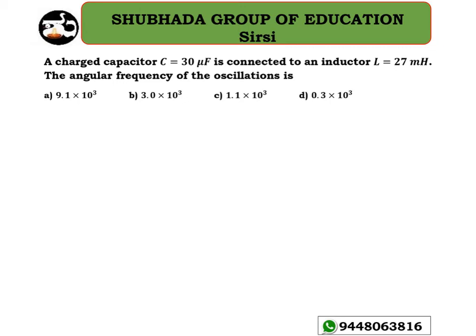A charged capacitor C of 30 microfarad is connected to an inductor of 27 millihenry. For the angular frequency of the oscillations, we expect omega equal to 1 divided by root LC. Let me substitute the values for L and C: 1 divided by the square root of 27 into 10 to the power of minus 3, and C is 30 micro, 10 to the power of minus 6.